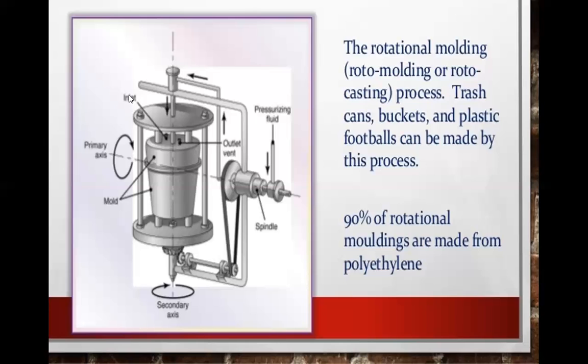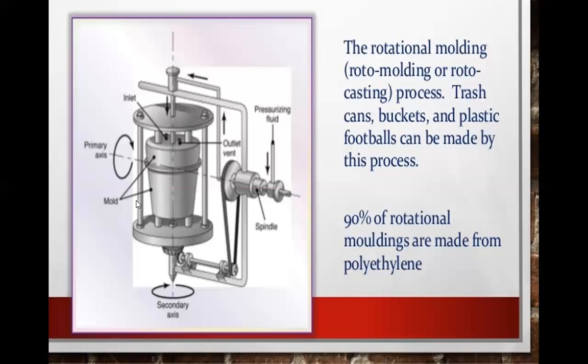Here in this, one inlet is there for the pressurizing fluid. After that, one spindle is attached. Here, one primary axis is there, and here, one secondary axis is there, so that it can rotate in the vertical and horizontal axes.